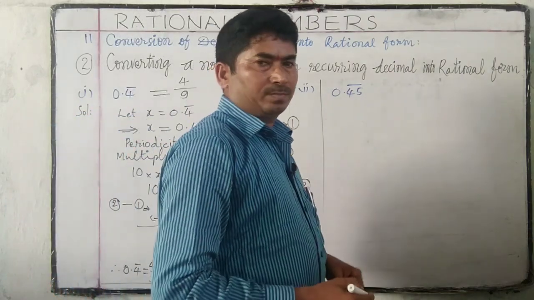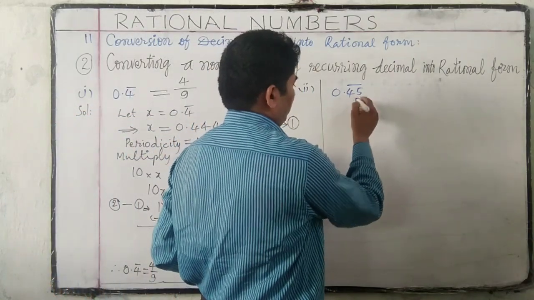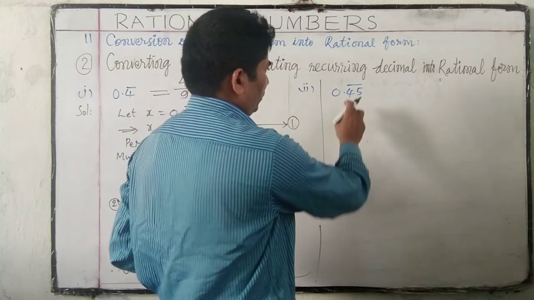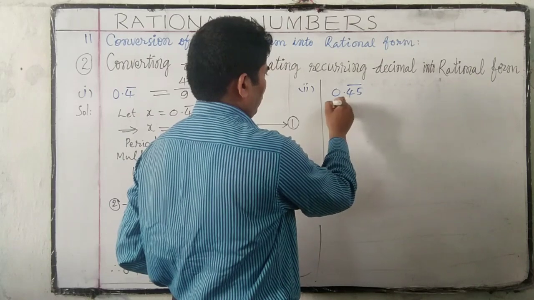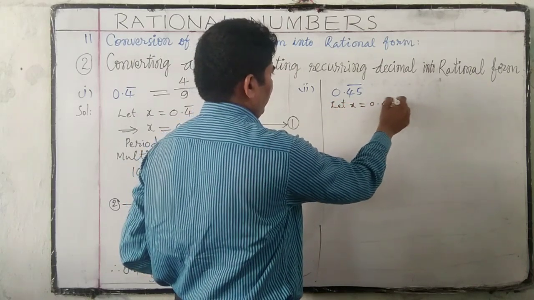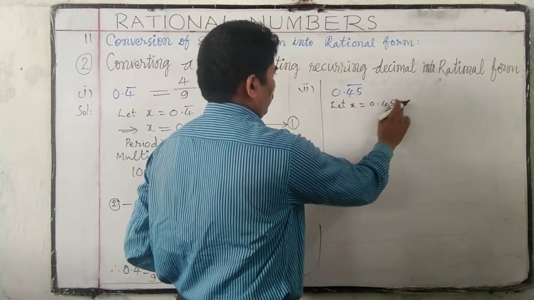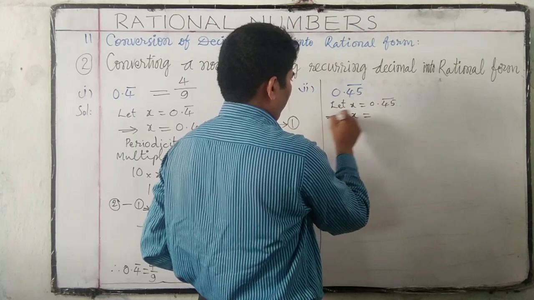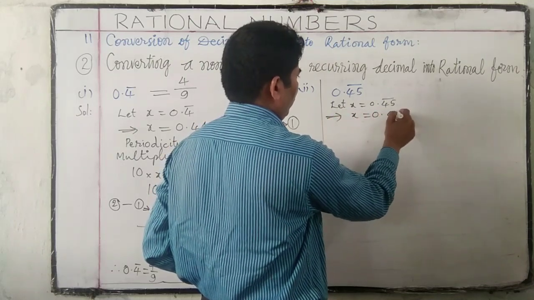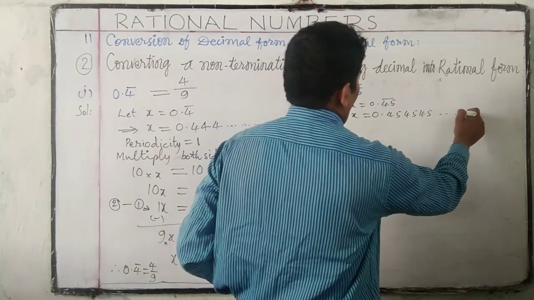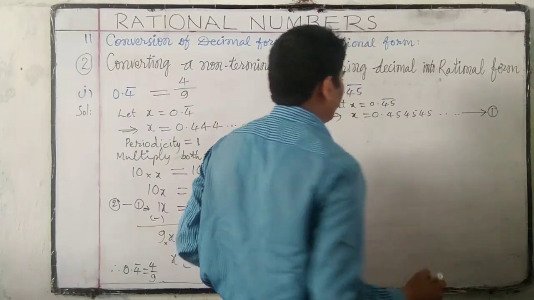Next, example 2. Here the periodicity is 2. Let x is equal to 0.45 bar. Then x is equal to 0.45, 45, 45 and so on. This is equation number 1.